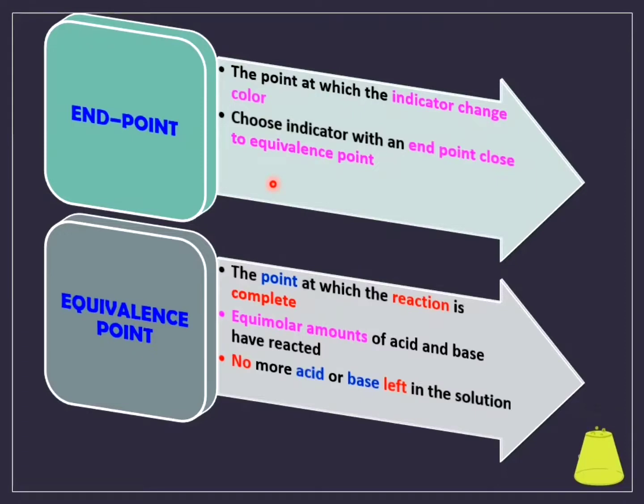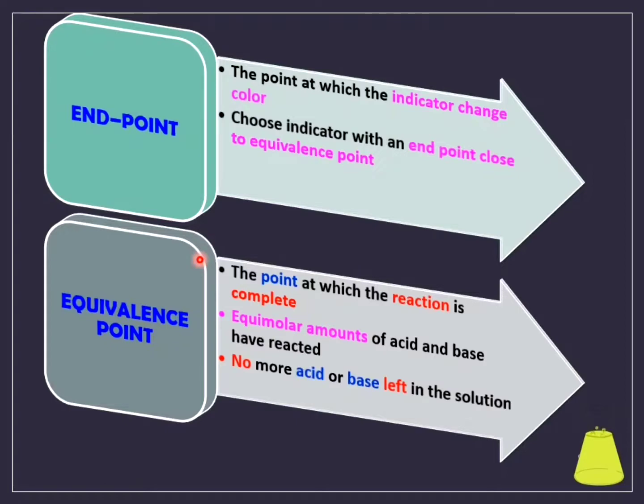When you get the pale pink color, you know that's your endpoint, so you need to stop your titration. Please choose an indicator with an endpoint close to the equivalent point. Normally endpoint dengan equivalent point adalah pada masa yang sama, but the definition is different.